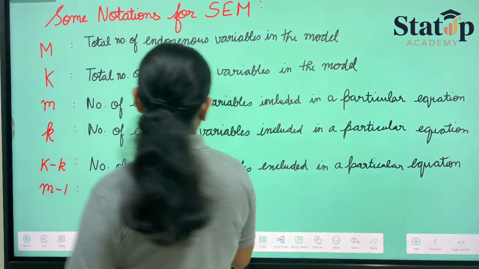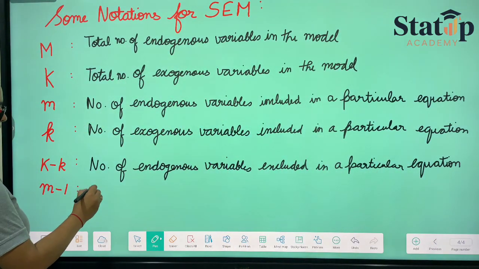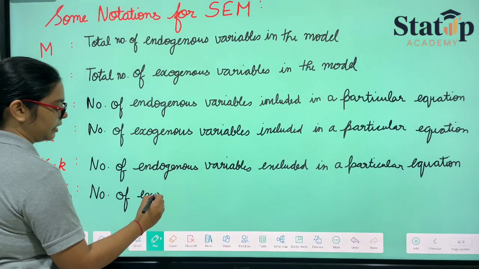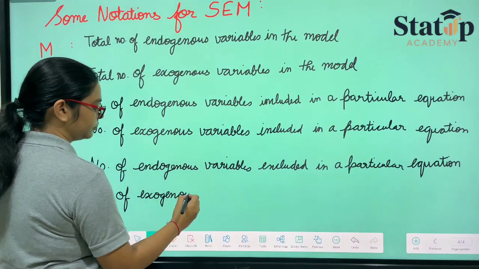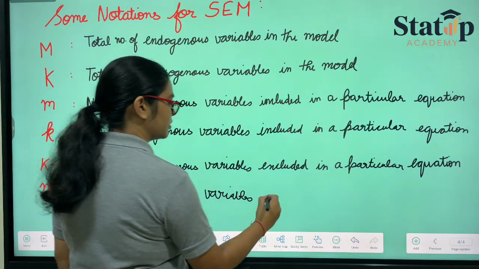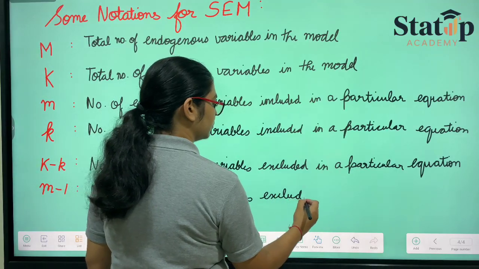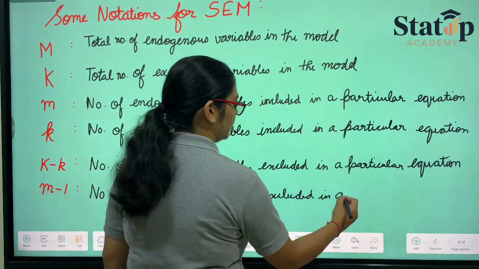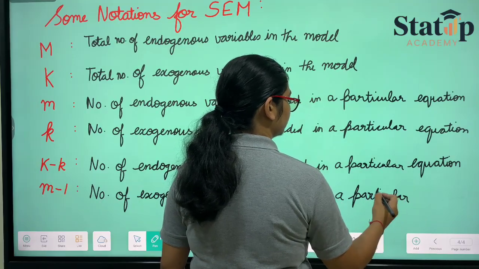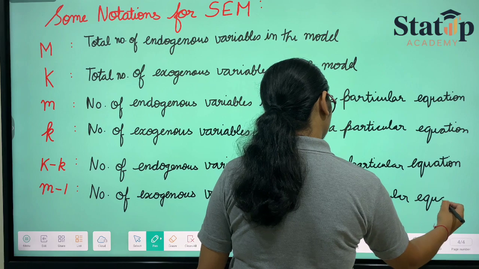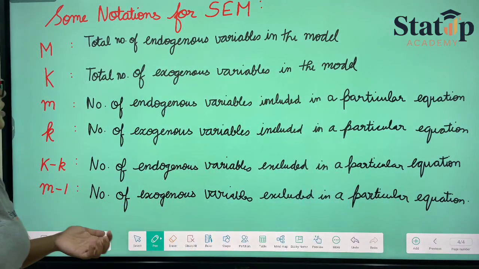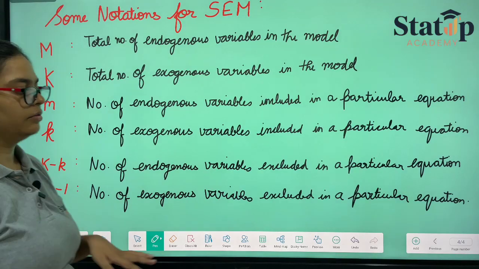And similarly, small m minus 1 is the number of endogenous variables excluded in a particular equation. So this completes our notation, and I hope these notations are clear with all of you.